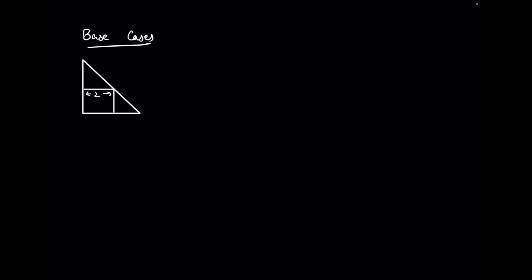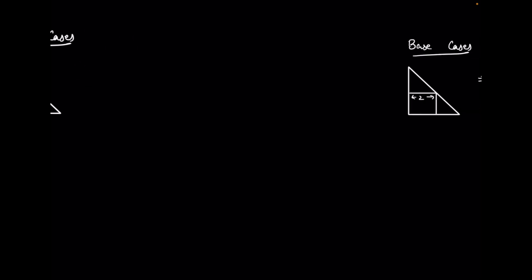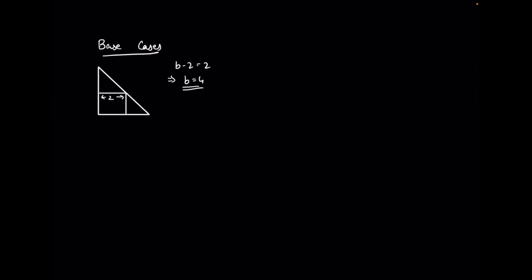What we need to notice here is that this length 2, which is a side of the square now, is also that line segment DE that we were talking about, right? And we knew that the length of DE was b minus 2. So if b minus 2 is exactly equal to the length of the side of one square, which was 2, then b is equal to 4.